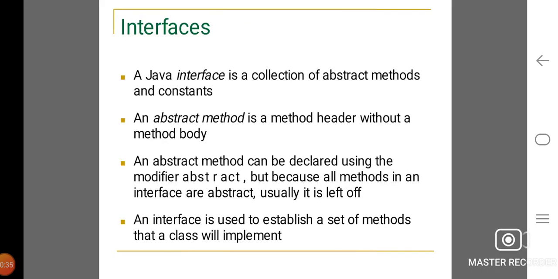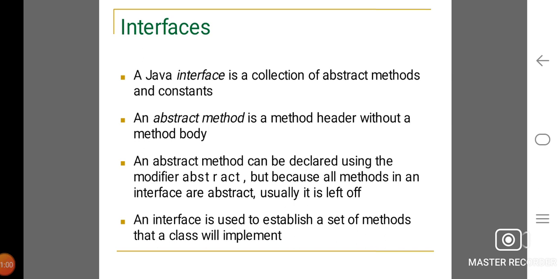Interfaces. A Java interface is a collection of abstract methods and constants. So this is the pure definition of interfaces. An abstract method is a method header without a method body.